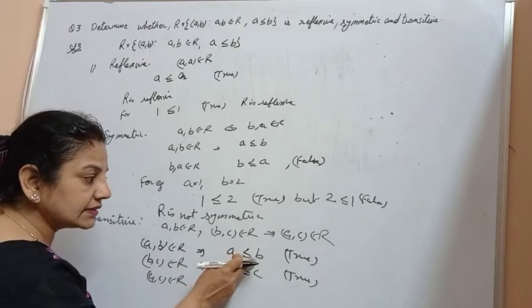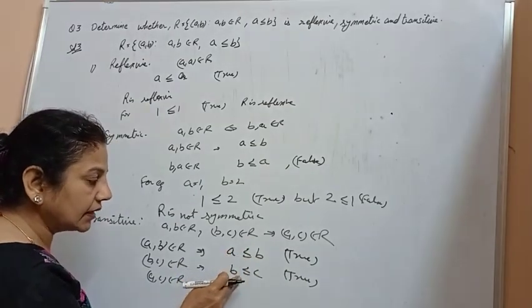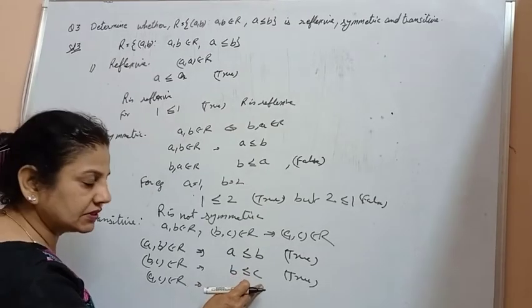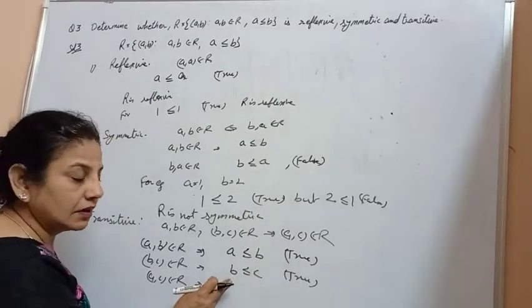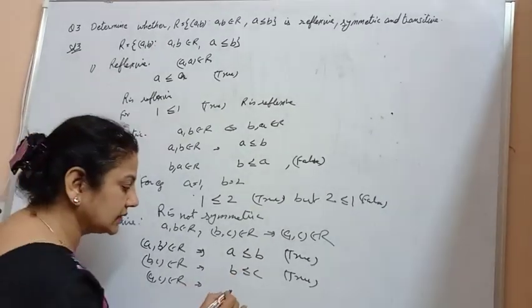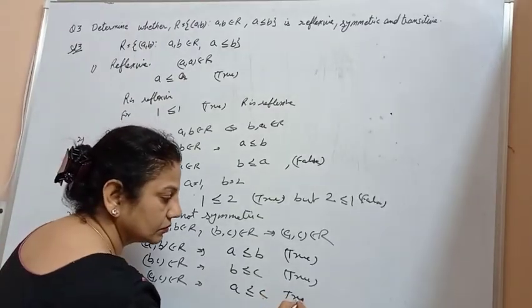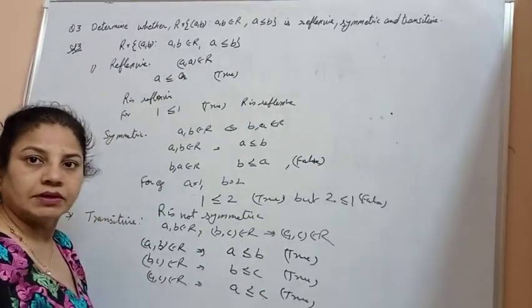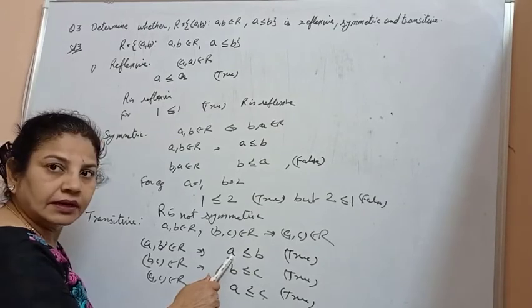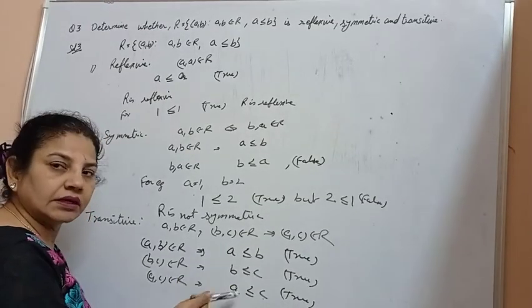See, if a is less than or equal to b, that means b is greater than or equal to a. b is greater than or equal to a and b is less than or equal to c means c is greater than or equal to b. So c is greater than or equal to a. This is a true statement.